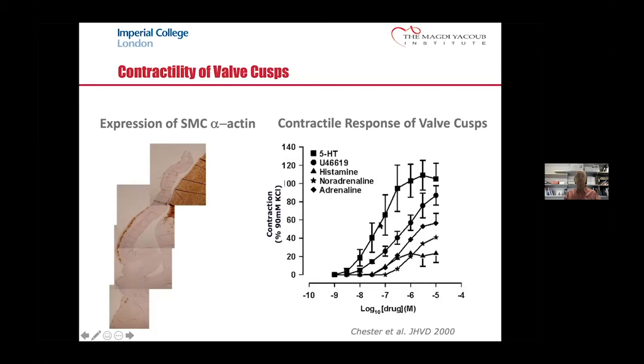And at the time, I had no real notion as to what the relevance of these contractions was to heart valves. They occurred over a relatively slow period of time, which meant that they were not involved in the beat-to-beat opening and closing of the valve. And at the time, I postulated, albeit to myself, that perhaps there was some sort of valve tone in existence.